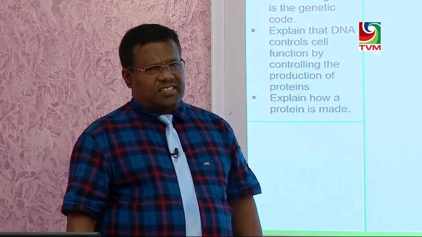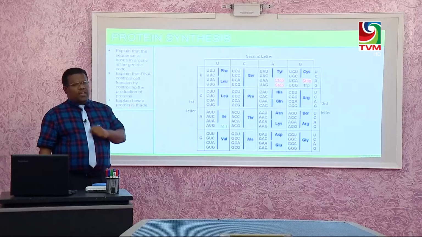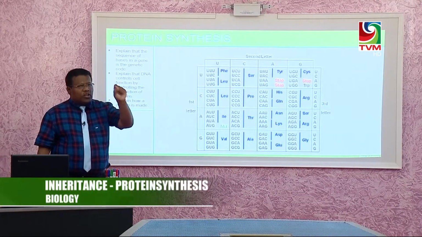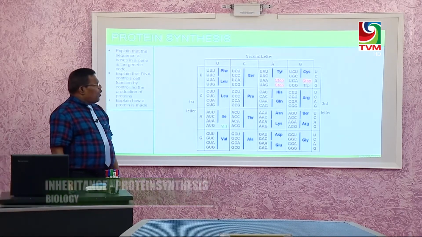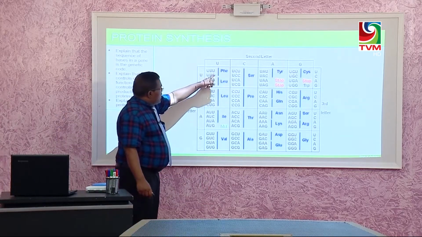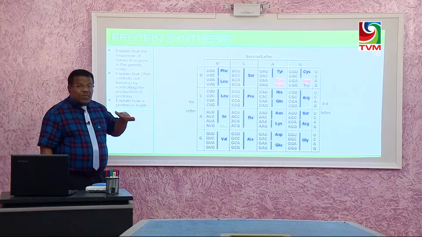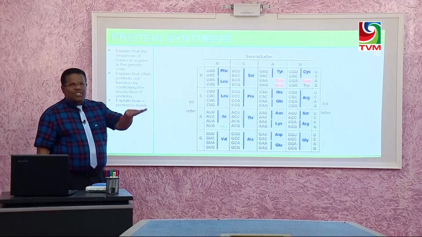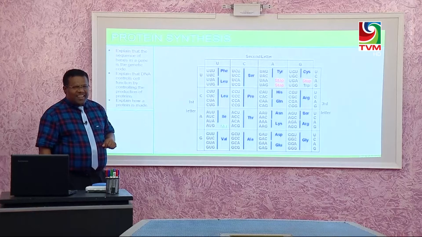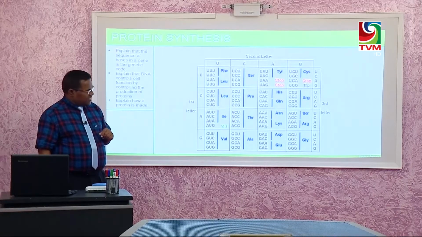So the triplet is universal, and the triplet is specific. When it is coding for a particular amino acid, it will code for only that amino acid. Here UUA is coding for phenylalanine, which is an amino acid. That means it will code only for phenylalanine. So triplet codons are specific, and based on the sequence of triplet codons, the sequence of amino acids is determined in the protein during protein synthesis.